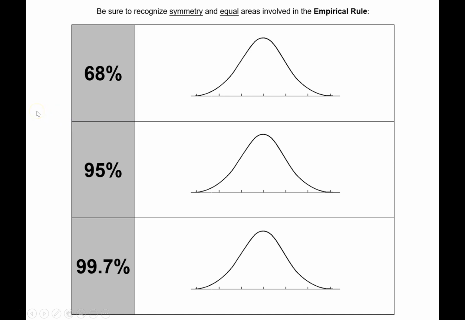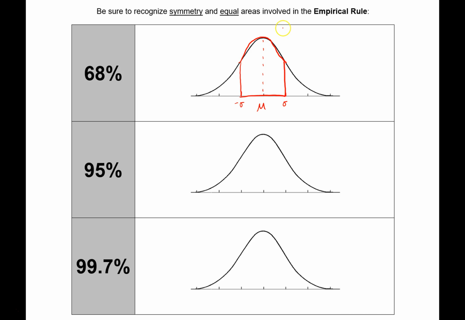So let's look at how that's going to help us by doing some labeling here before we get into an actual problem. We know that we can always label the mean immediately with whatever the average is. And then if we are going one standard deviation to the left and one standard deviation to the right, that means the area of this section of the graph is that 68%.